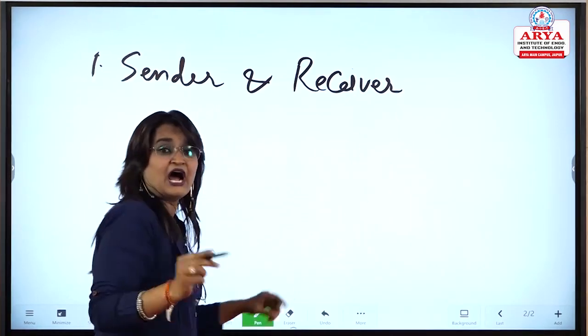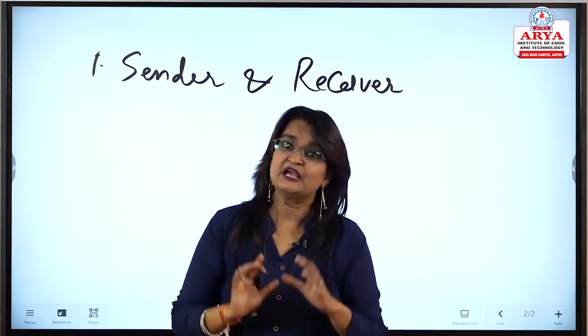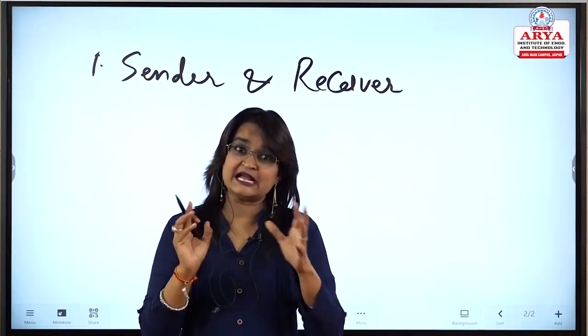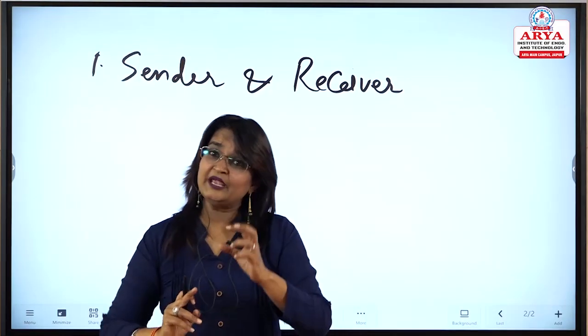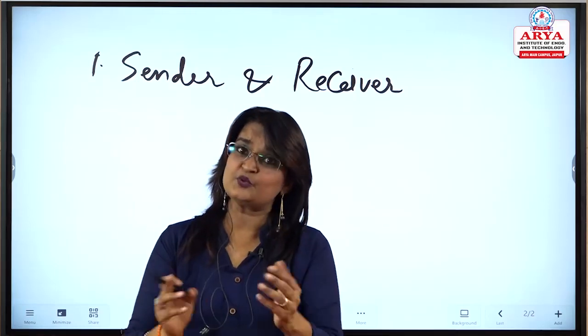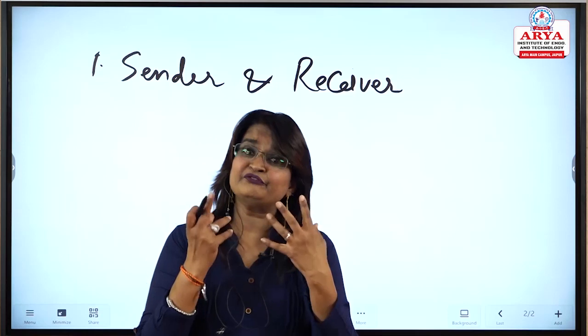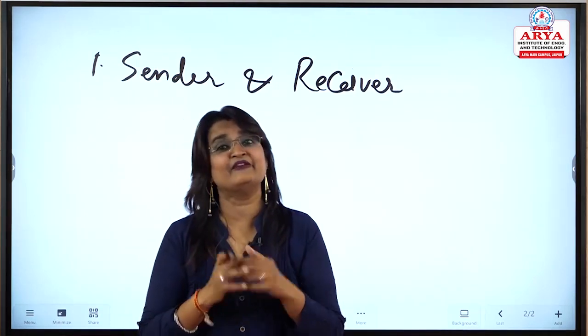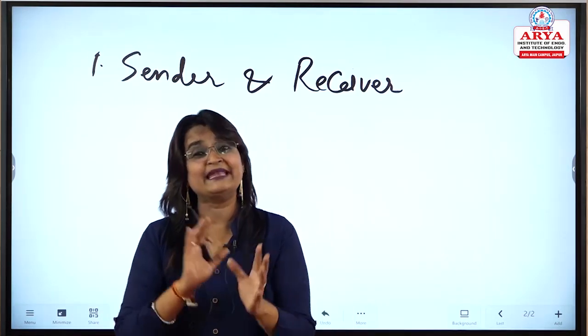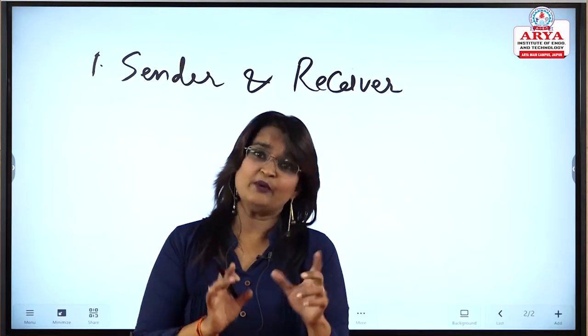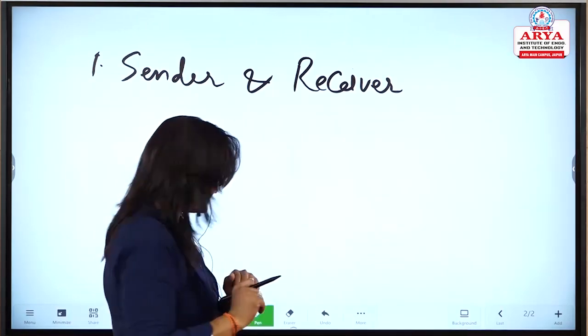So it is a two-way process, and that's how we know we are communicating with someone. We are expecting a response, or even if we don't get the response, the action would be taken. We will study this in detail.